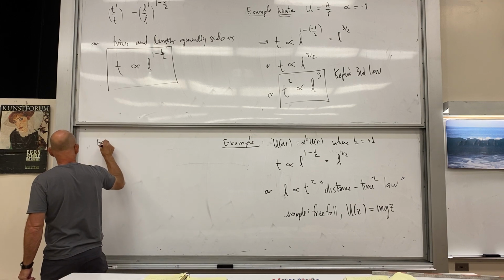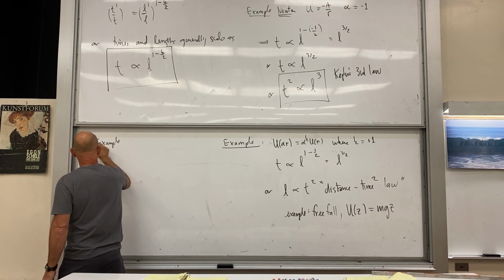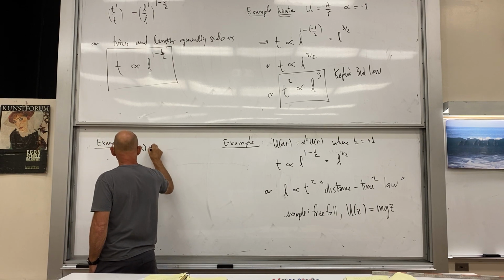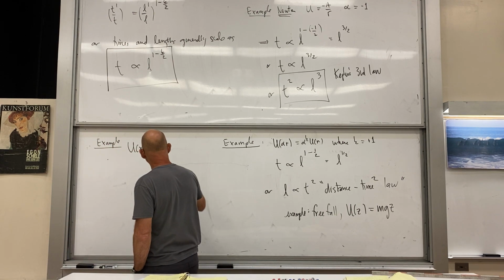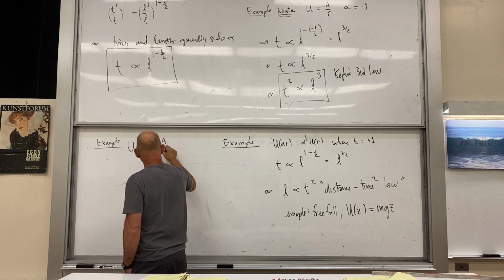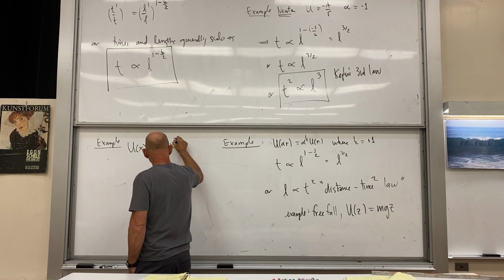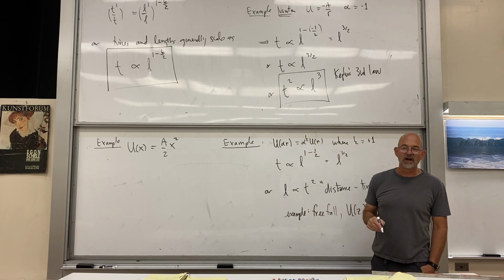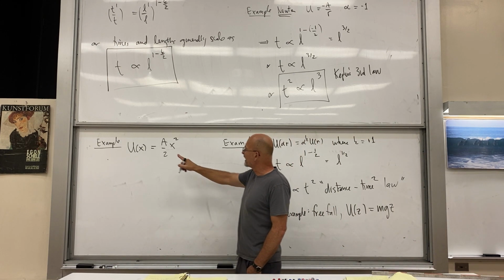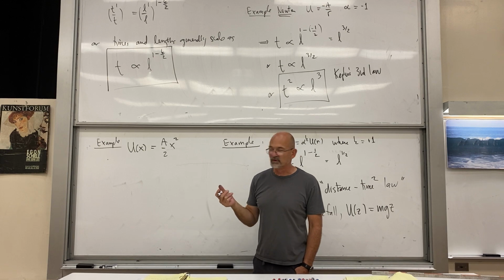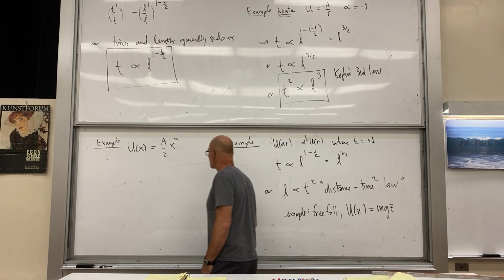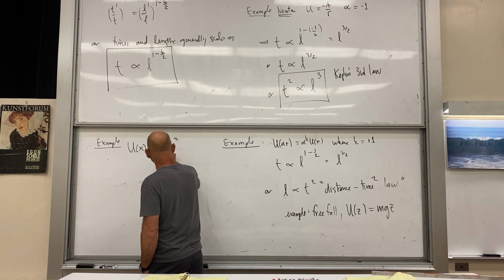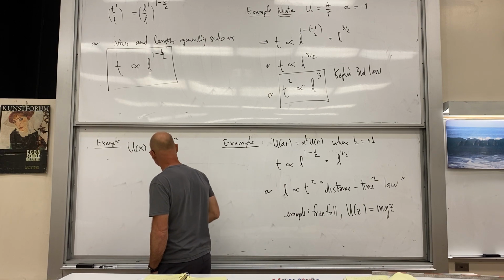Suppose we have U of X is equal to A over 2X squared. That's a Hooke's law type of potential. I'm not using K because K has already been chosen. In fact, A is not such a good letter either. Let's use B. B over 2X squared.